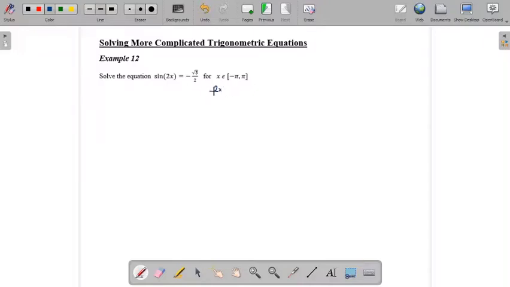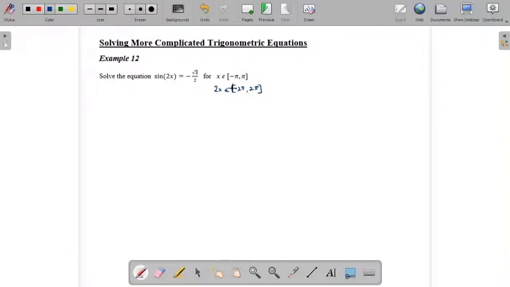Okay, so we look at 2x will be a member of the domain from negative 2 pi to positive 2 pi. So whenever you have your x or theta multiplied by a number, you multiply the endpoints in your domain by that number. Okay, so the negative pi is multiplied by 2, as is pi.